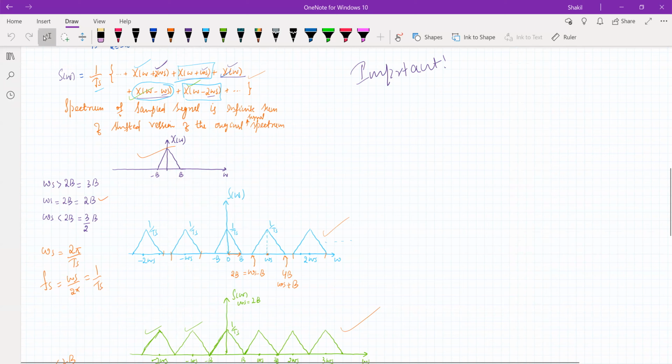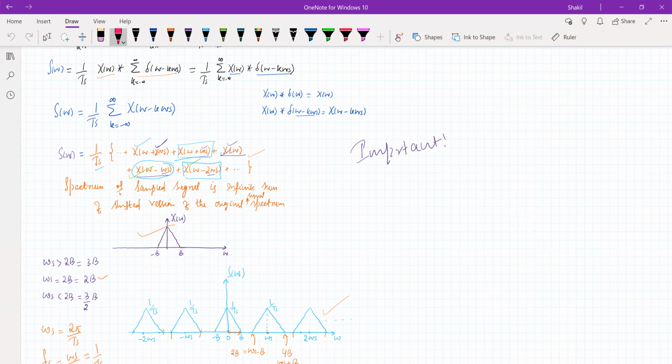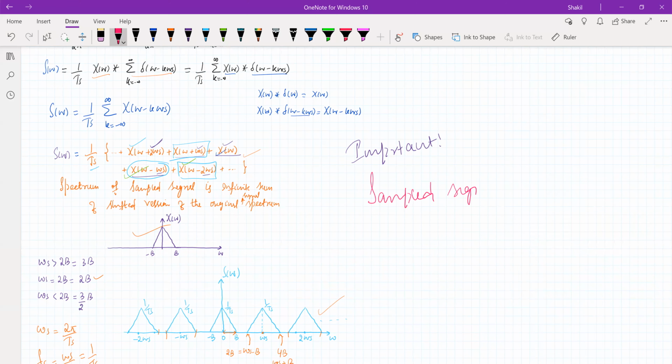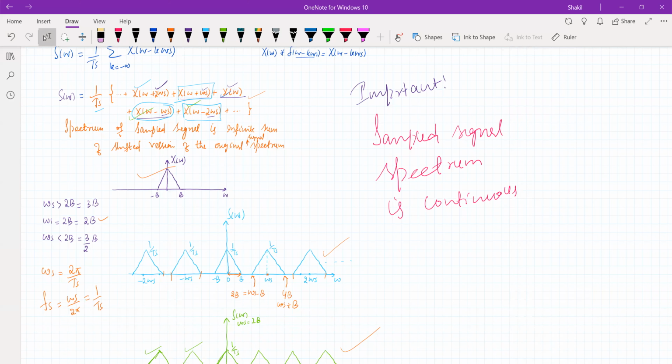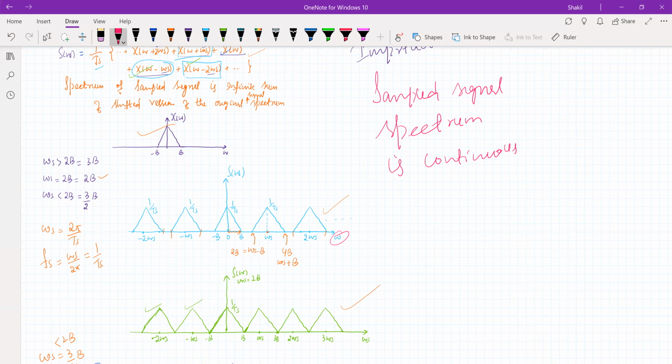So the spectrum of the sampled signal is also continuous in nature. But it is with respect to omega. You must remember it is with respect to omega.